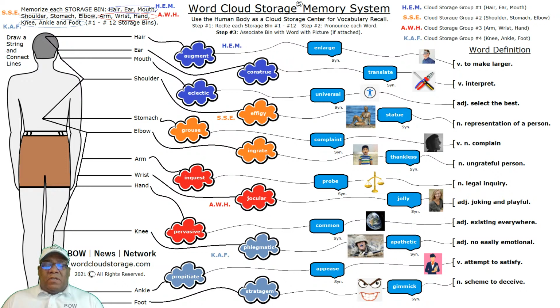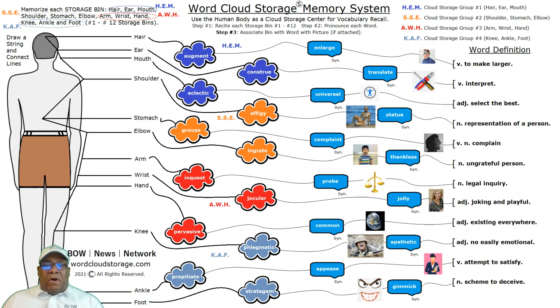Augment, or enlarge. This is in the HEM blue group, the hair, ear, and mouth group. We're associating augment, construe, and eclectic to the blue clouds, and we see augment has to do with enlarge. The picture word association is augmented virtual reality, which is an up and coming area.